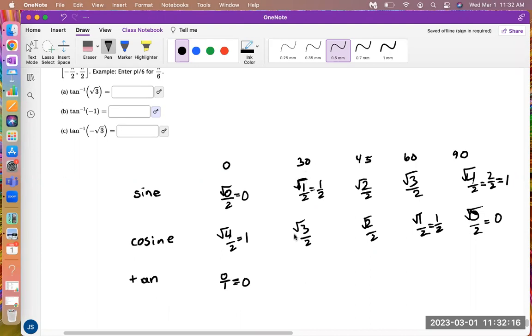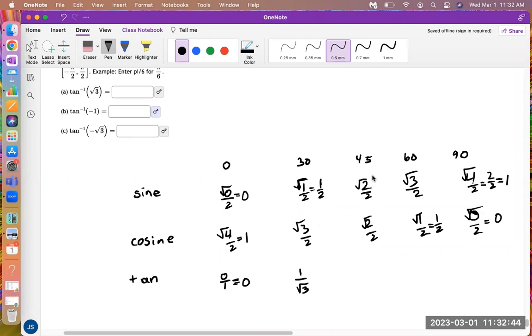Tangent of 30 degrees is 1/2 divided by square root of 3 over 2. We can ignore the 2's because one is in the numerator and one in the denominator, so they cancel. So tangent of 30 degrees is 1 over square root 3.